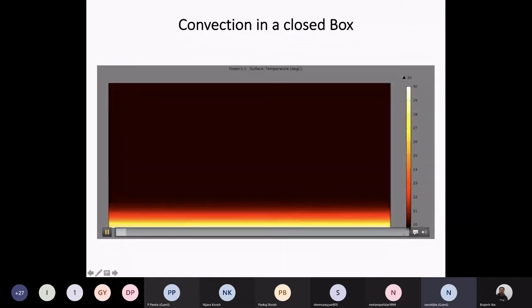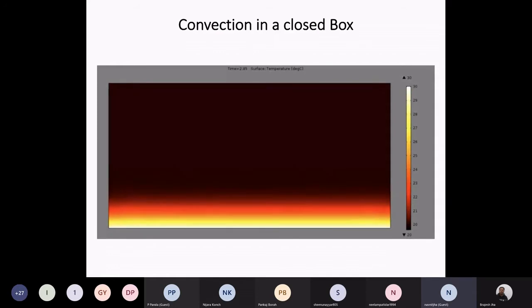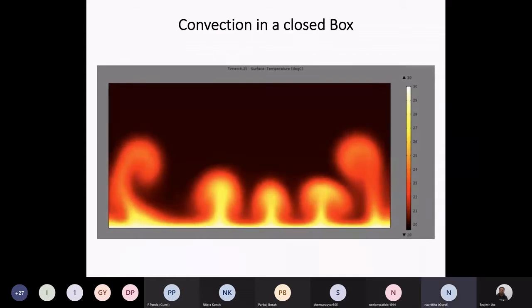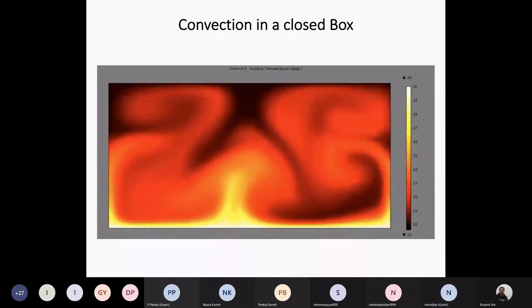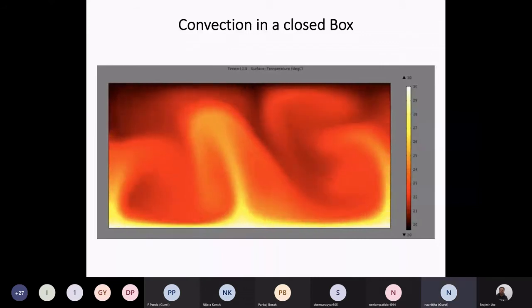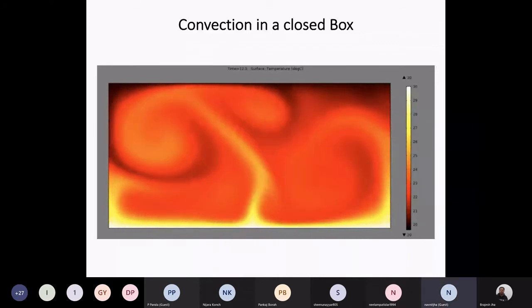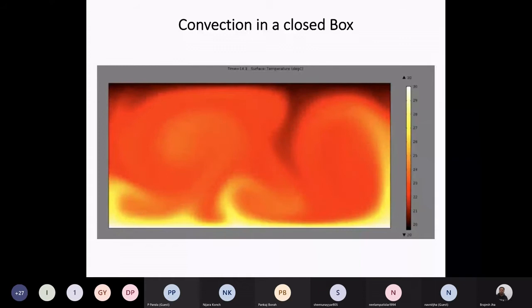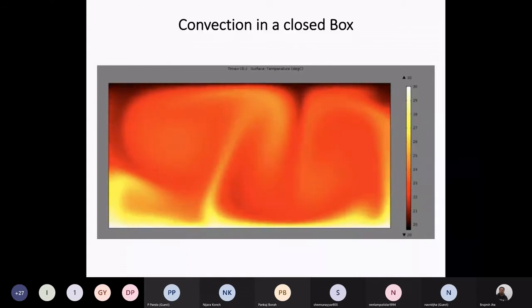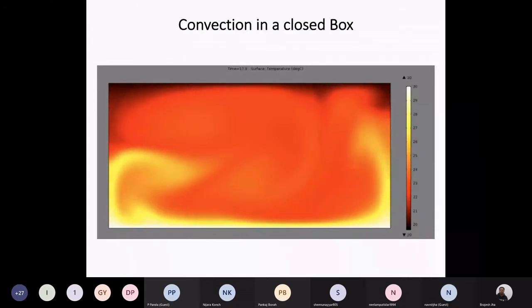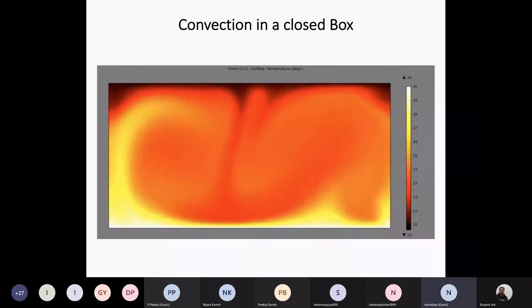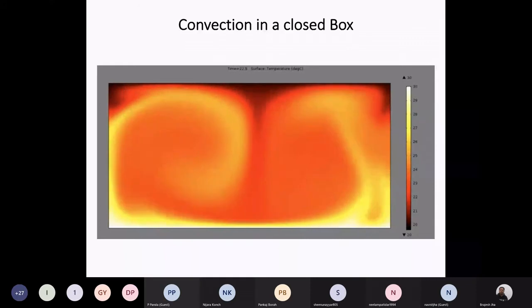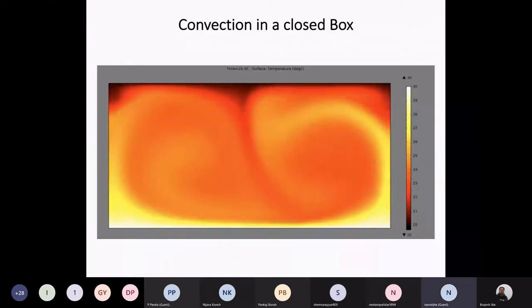As time passes, this is the convection. Time is going up. Time is passing. This is how heat convects.